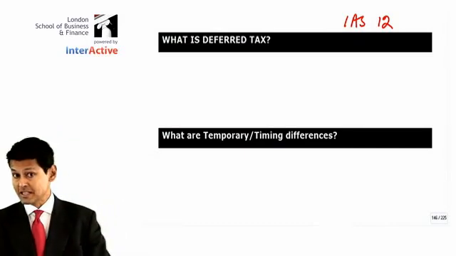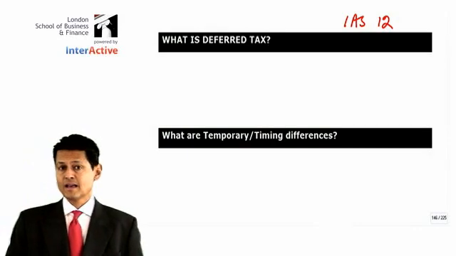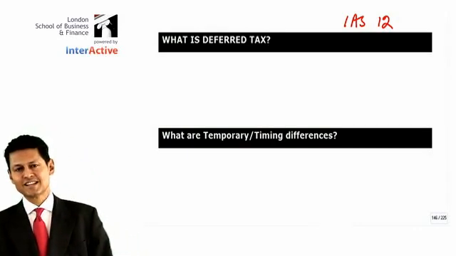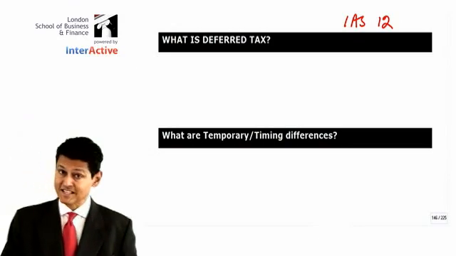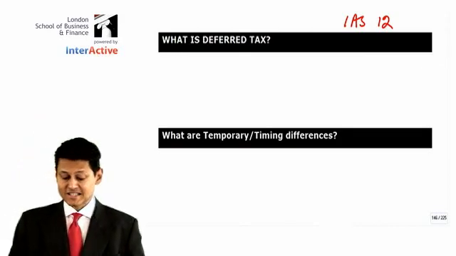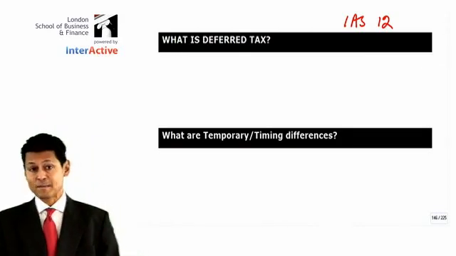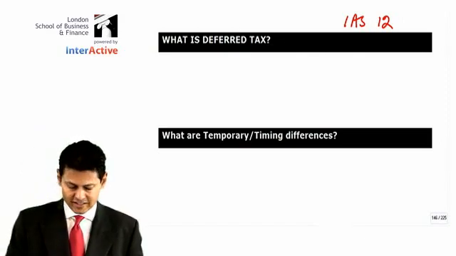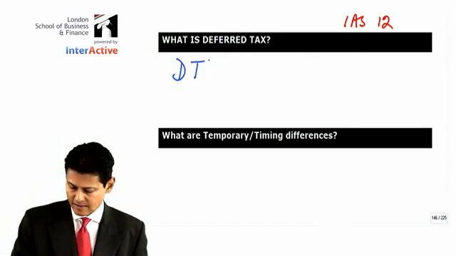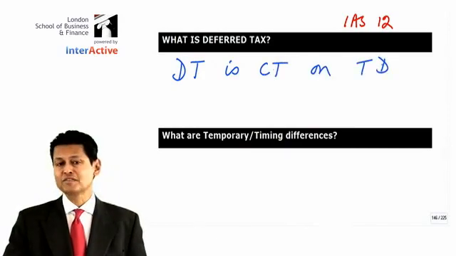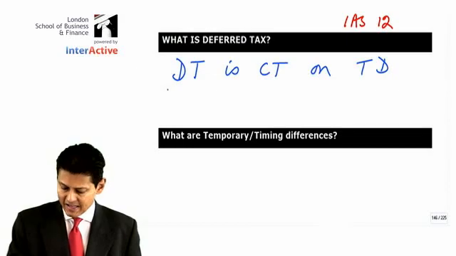Deferred tax, or DT, is CT on TD. DT is CT on TD. TD is simply temporary differences. So let me just ask you kindly to fill this in with me. DT is CT on TD. Never forget that.